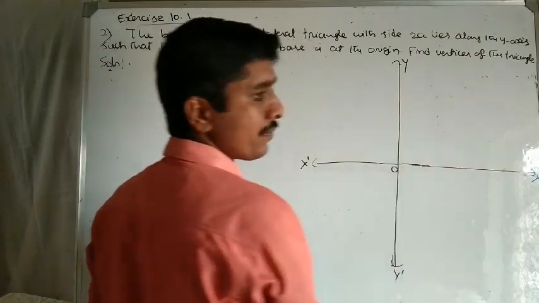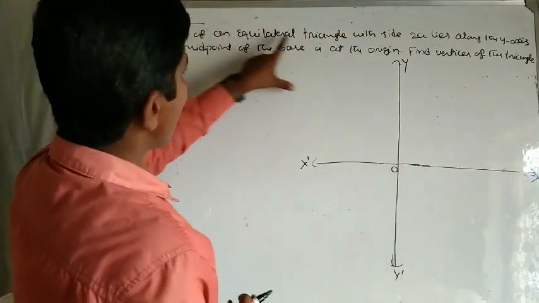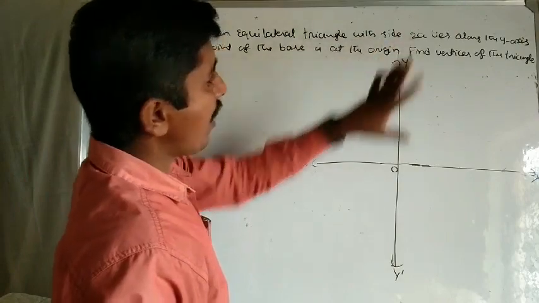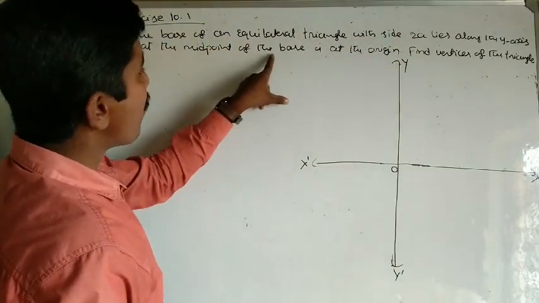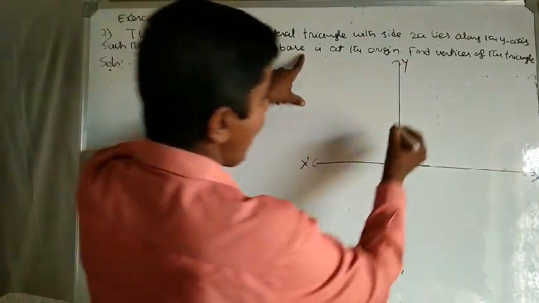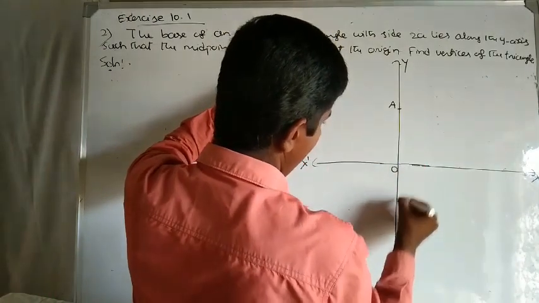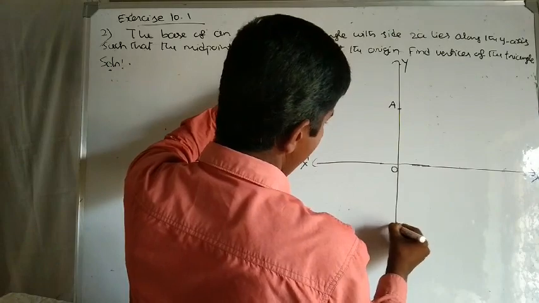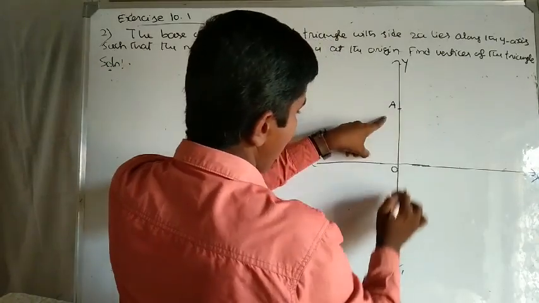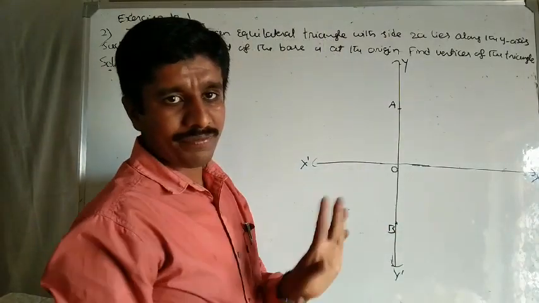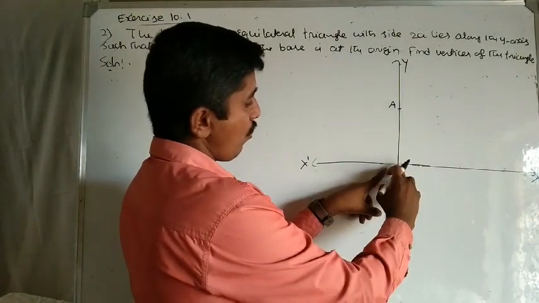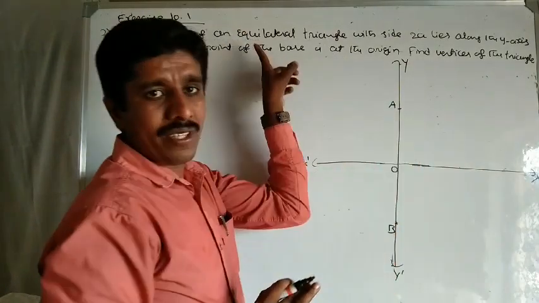Got it. Here, the base of an equilateral triangle with the side 2a lies along the y-axis such that the midpoint of the base is at the origin. Here I am taking A, this is B. AB is the base of the equilateral triangle. Here O is the midpoint of AB according to this.